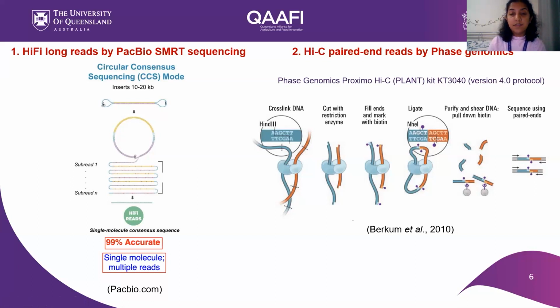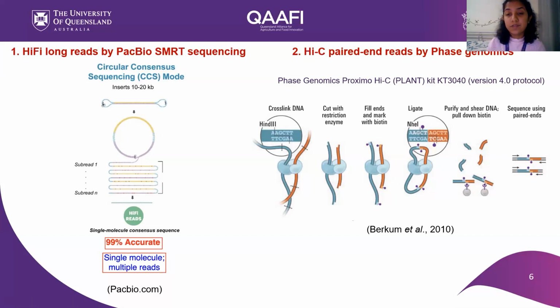Then this cross-linked DNA is digested using restriction endonucleases, creating 5' overhangs. These 5' overhangs are filled with biotinylated nucleotides, and then these blunt-ended fragments are ligated, creating chimeric junctions between nearby sequences. You can see that these internal biotin tags are present at the center of the ligation junction of these chimeric DNA strands.